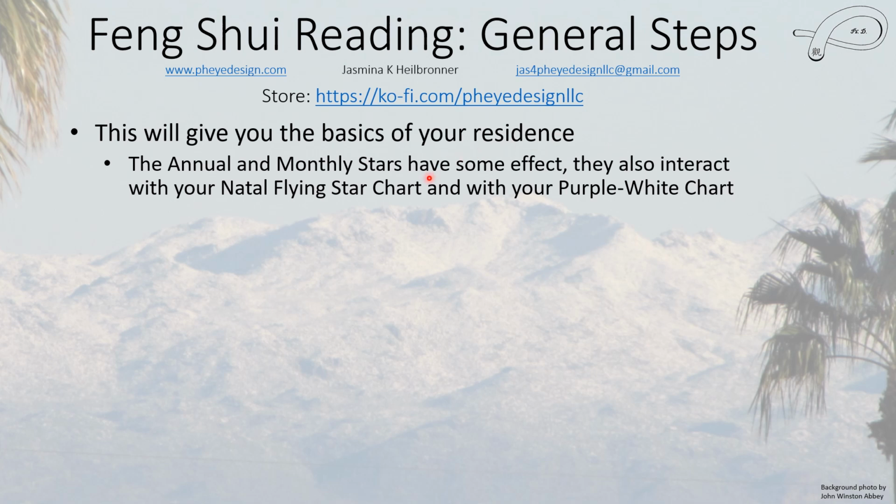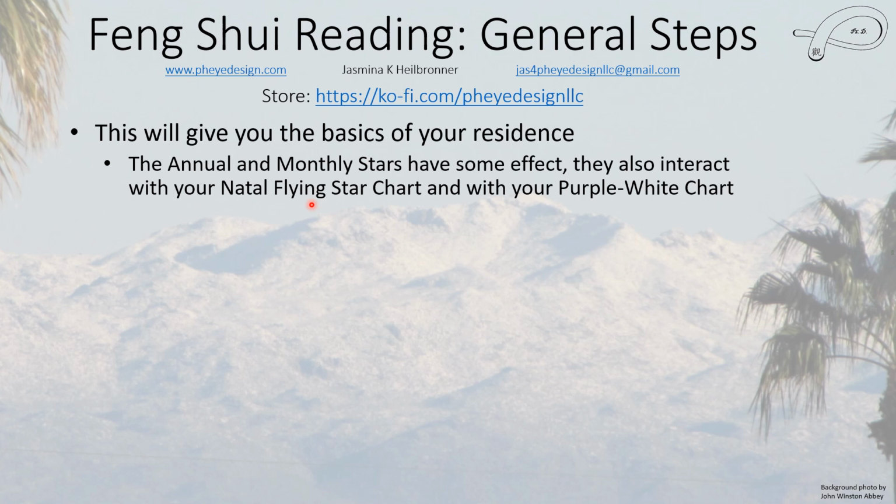Now, the annual and monthly stars have some effect, and they also interact with your flying star chart. The annual, it's legitimately called the annual flying stars and the monthly flying stars. I specify natal, meaning that's the one that is born when your house is born.